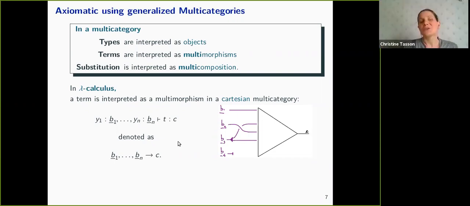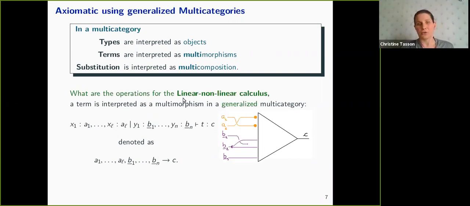Okay, so my question is how do I do it for my linear nonlinear calculus? If I want to represent it, I will have to have two kinds of inputs in my multi-category. So an operation will have linear inputs and nonlinear inputs. So I will have a sequence of mixed inputs, either linear or nonlinear, with different kinds of operations.